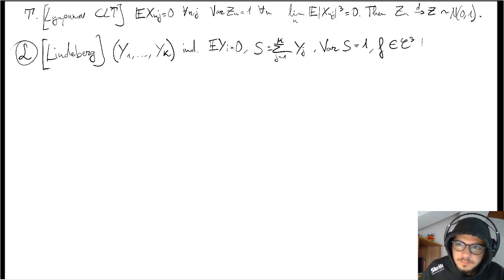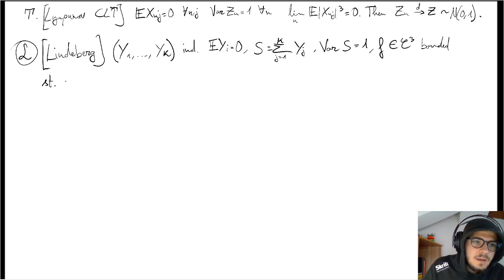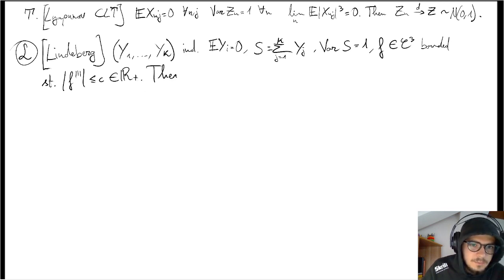Bounded, such that the absolute value of the third derivative of f is less than some positive constant c in the real numbers. Then we have this thing.